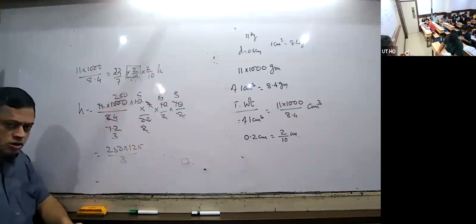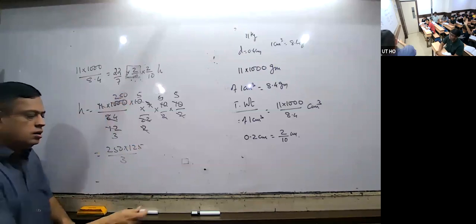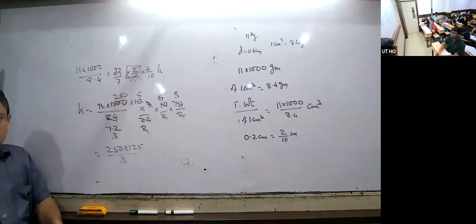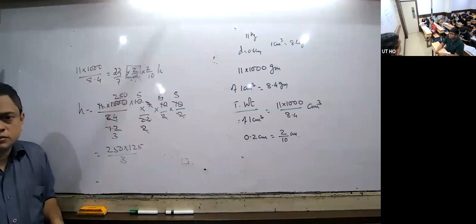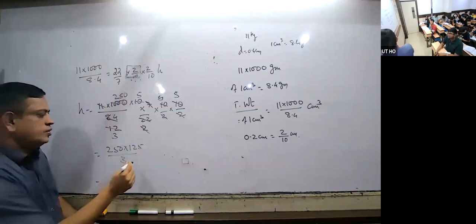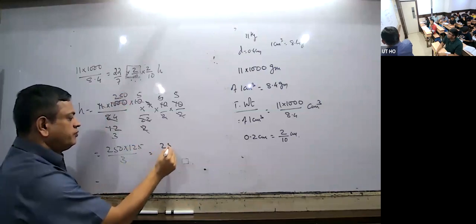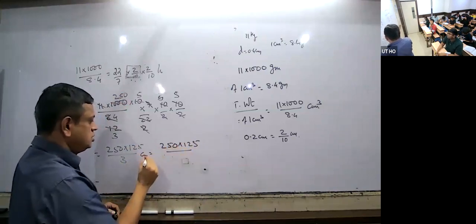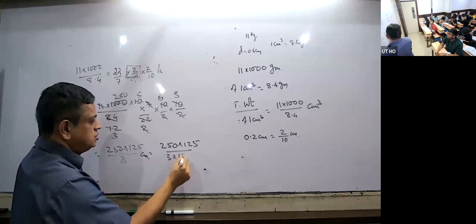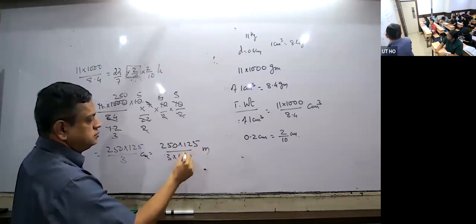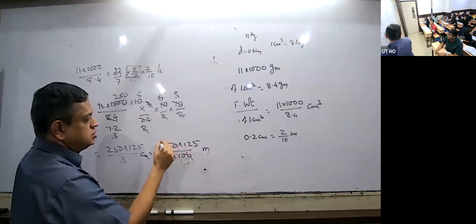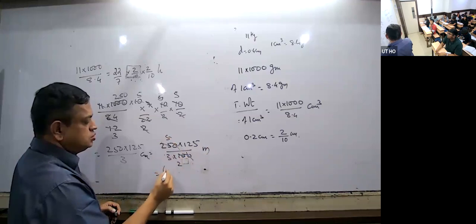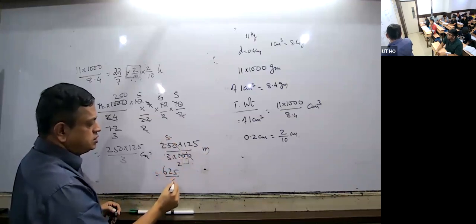Who got this much? Yes. This much centimeter you can further reduce. Listen here, this only convert into meter. It is equal to 250 into 125 divided by 3 into 100 meter, since it is centimeter. 1 0 cancel. So it is coming as 5 and it is 2. That is equal to 625 divided by 6 meter.